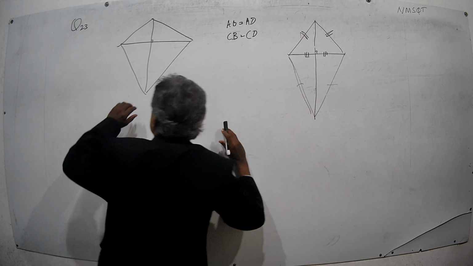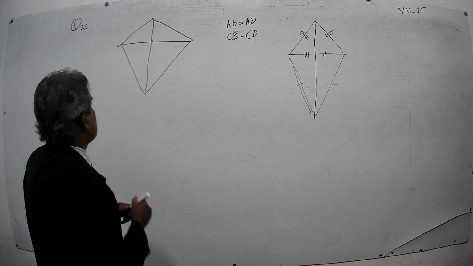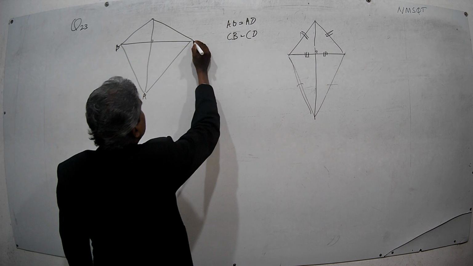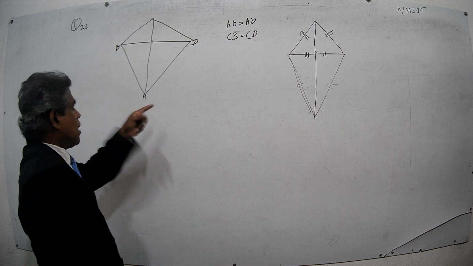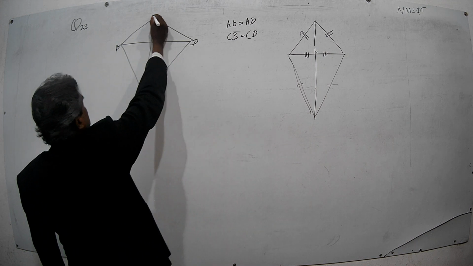If this is A and this is B, then AB equals AD, like this. The other thing is CB equals CD. These are the points. Okay.